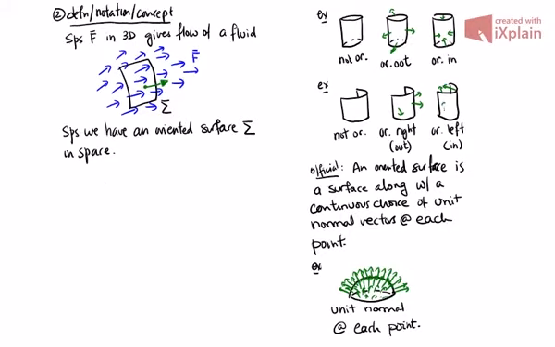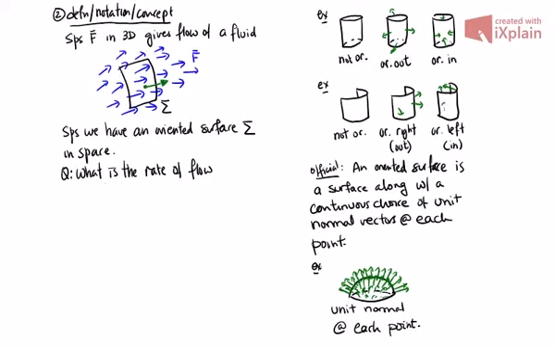So we can ask a really simple question. What is the rate of flow of the fluid through the surface in the direction that we've chosen? What is the rate of flow? Now, when I say rate, this is awkward. There's no time in here.